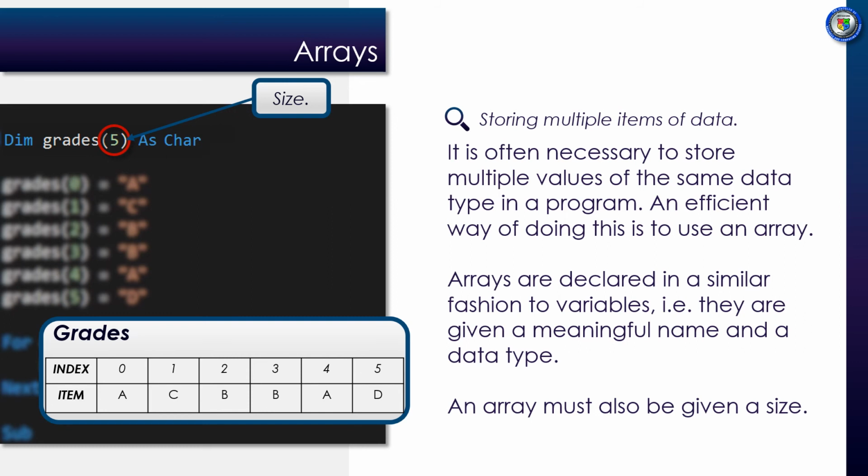In index 0, the data item A is stored. In index 3, the data item B is stored, and so on. As always, we need to give a data type for our array. In this case, it's set as char, which is a single character.